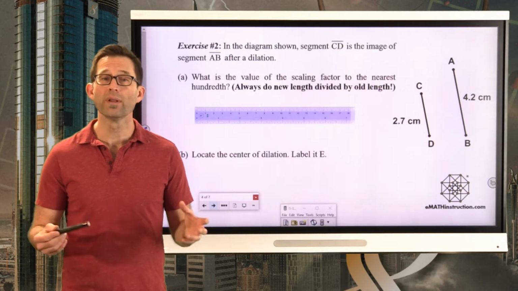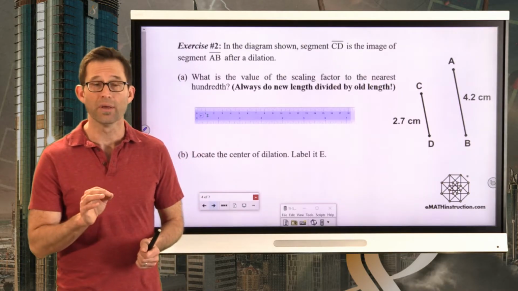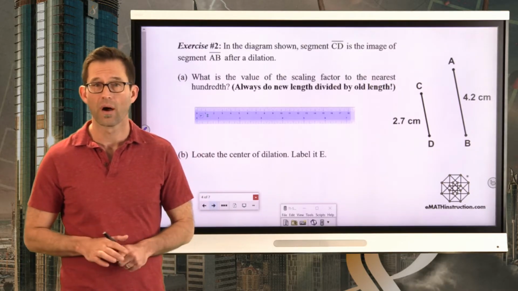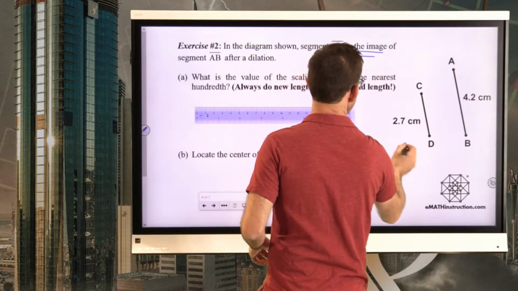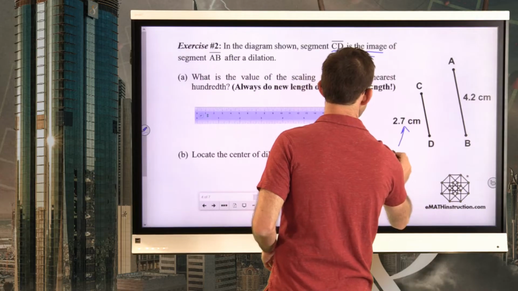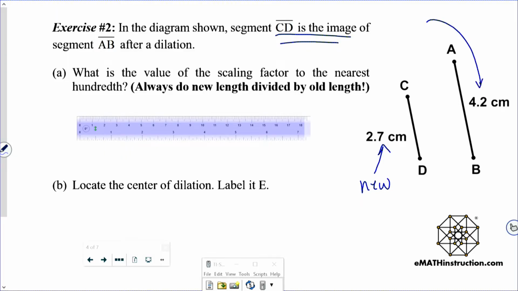What's really critical in this case is knowing which one is the image and which one's the original. Notice CD is the image. This is the new length, and this was the old length, or the original.